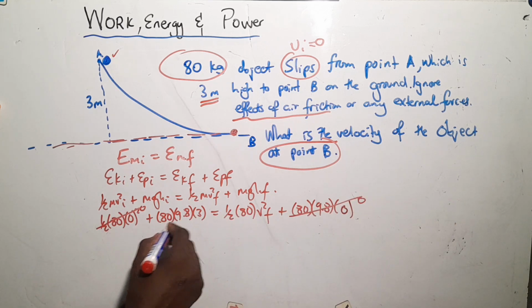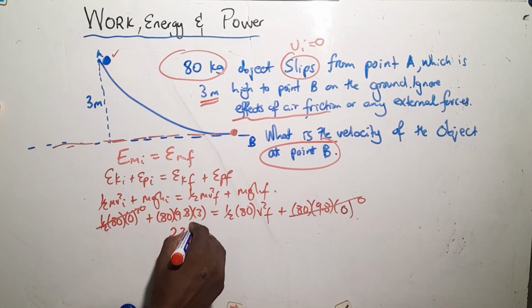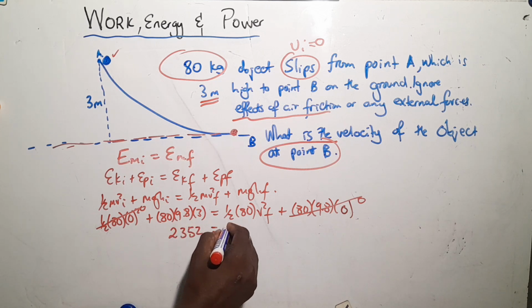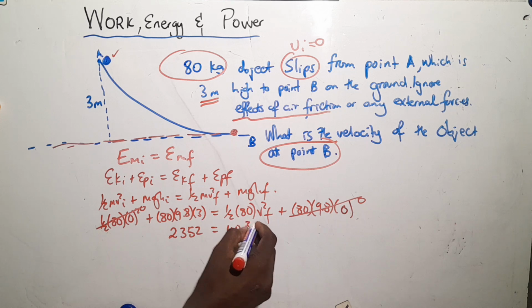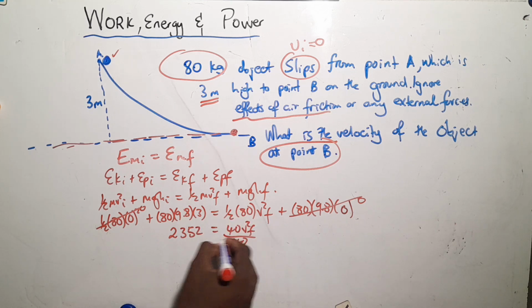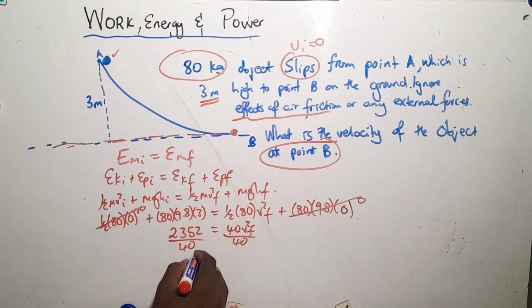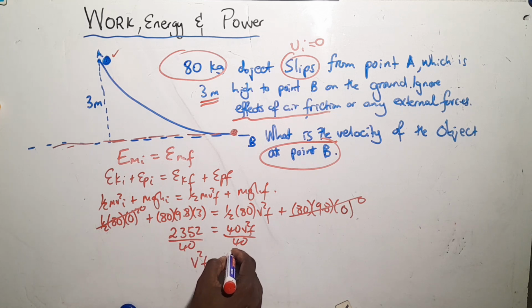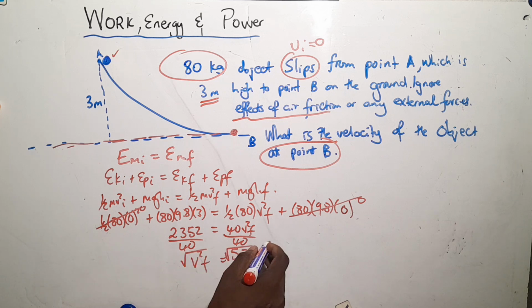So now we are going to have this inside the calculator. We are going to have 2352 being equal to 40 v squared final. So we can divide both sides by 40. It means that our v squared final can become 58.8, and take the square root on both sides.